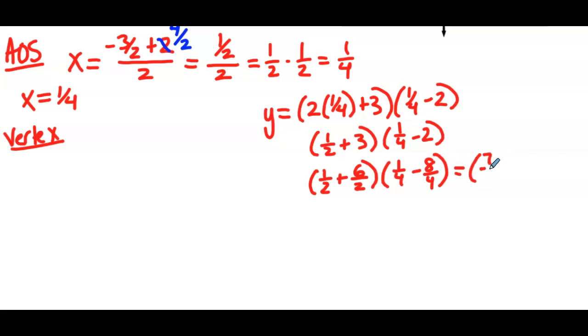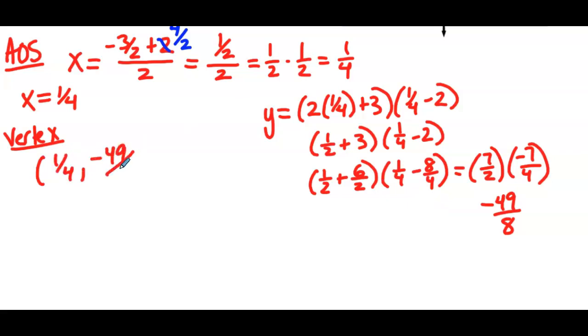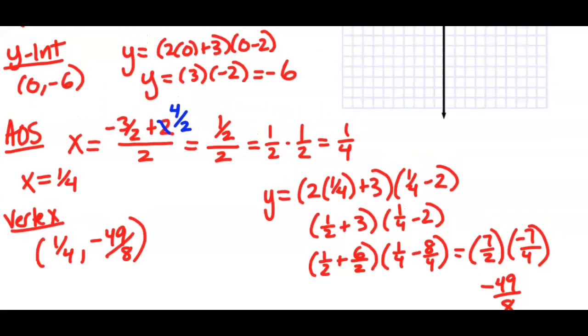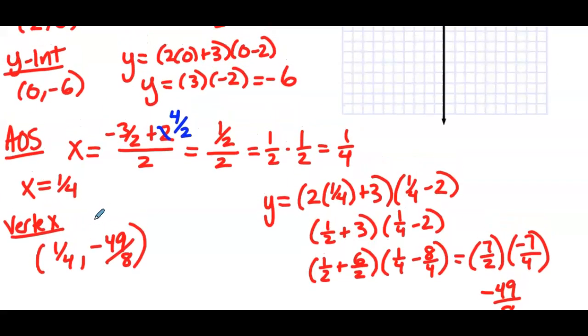That's going to be 7 over 2 times negative 7 over 4, which is negative 49 over 8. So our vertex is at 1/4, negative 49 over 8. Not a great point, but that's exactly where the vertex is going to be.